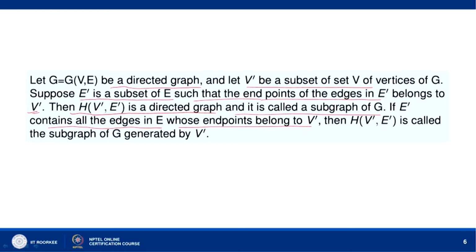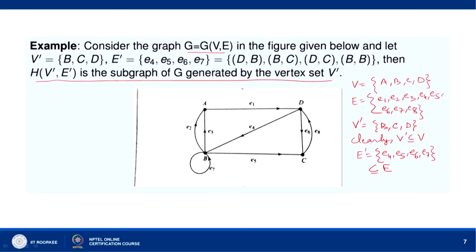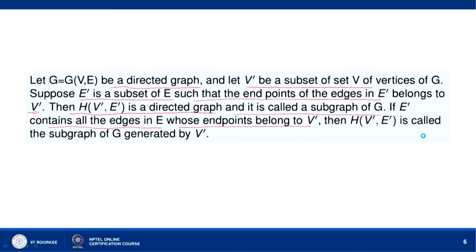B dash is a subset of B, E dash is a subset of E. So H B dash E dash is a directed graph and it is a subgraph of G, because E dash is a subset of E, B dash is a subset of B. Now, we have to show that it is a subgraph of G generated by the vertex set B dash. So let us see how we define that.